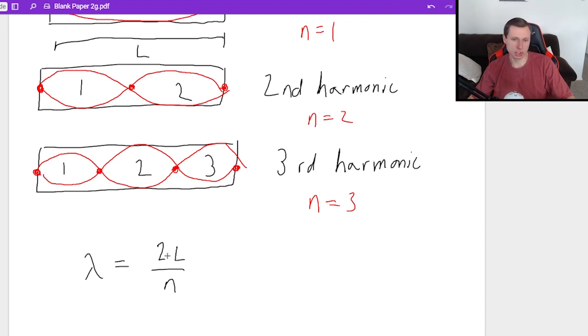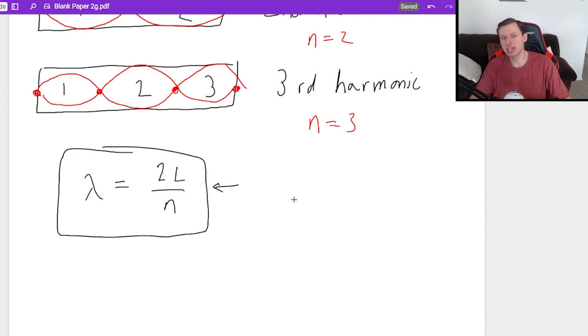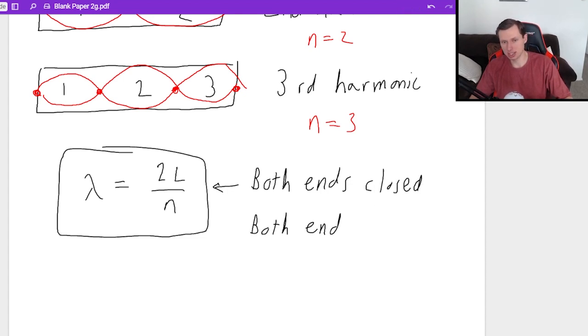I don't know where the 2 comes from exactly, but we can derive it if you really want me to. But I would just take my word for it and use this equation to find the wavelength of any standing wave, and this will work for the both ends closed case and the both ends open case. It works for both, which is very nice.